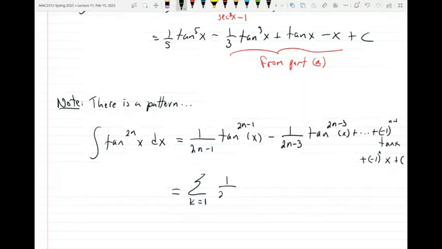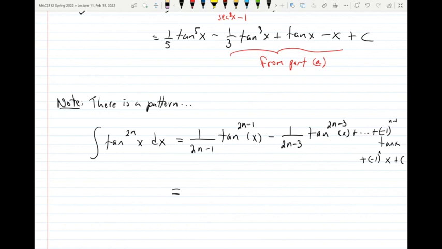So 1 over 2k, so don't write anything yet. So k going from 1, then 1 over 2k minus 1. It's just that you have tangent x, so it's a little bit complicated to write, because you have x and then the other stuff is tangent. So I would say -1 to the n times x plus, and now we can put all the other terms together with the tangent.